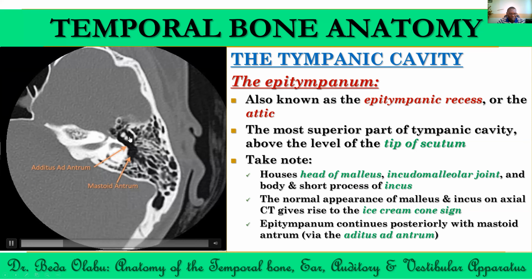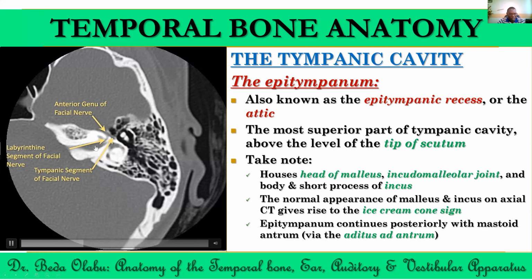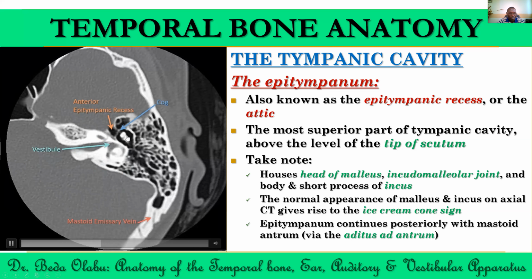This is the mastoid antrum, and this is now the malleus and the incus there within the epitympanum. You can see the facial nerve there entering the labyrinthine part, the genu, and the tympanic part there. Now that typical ice cream cone is coming up. This is the vestibule, the lateral semicircular canal there.